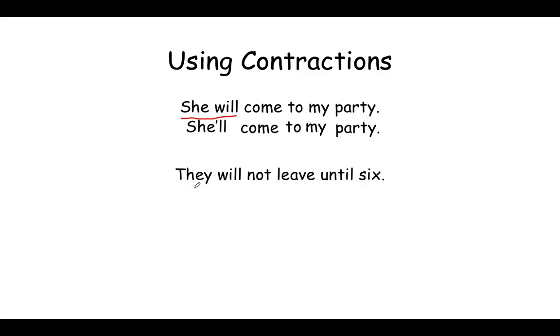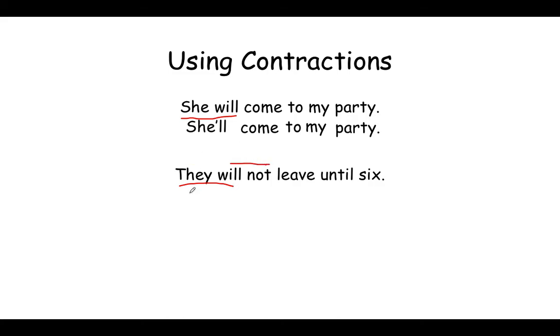This sentence, they will not leave until 6. So this sentence means that in the future, they will not leave until. Until just means when it is 6. So they're not going to leave before 6. You can put they and will together or will and not together.